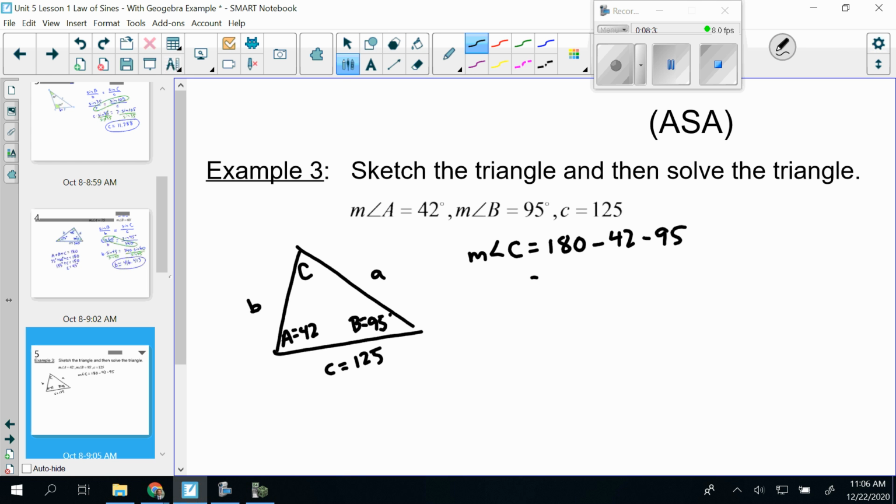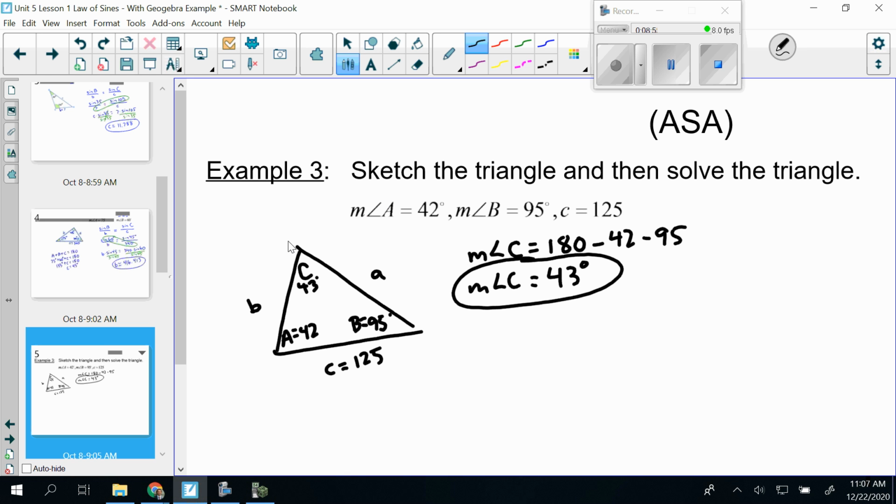So doing a quick subtraction, that's going to tell us that angle C is 43 degrees. Okay, so we got that. Now we've got two missing sides we have to find. We also have to find side A and side B. Write this on there, that's 43.